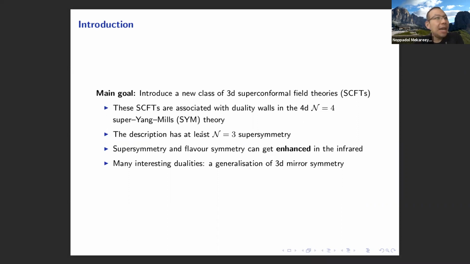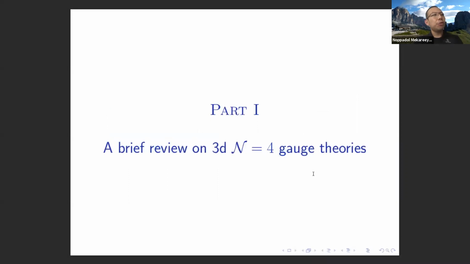But later we will show that supersymmetry and flavor symmetry can get enhanced in the infrared. This is a usual phenomenon in the renormalization group flow. There are many interesting dualities, and this is a generalization of 3D mirror symmetry due to Intriligator and Seiberg.